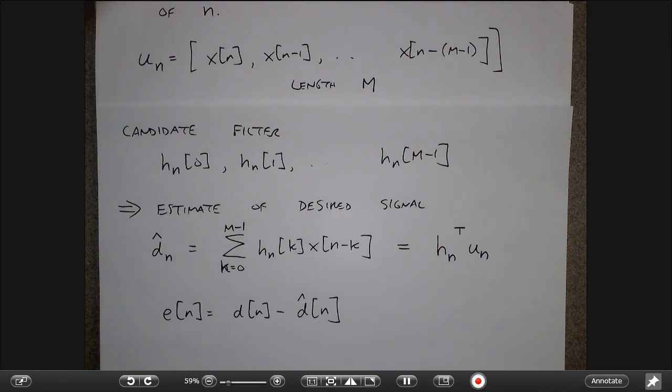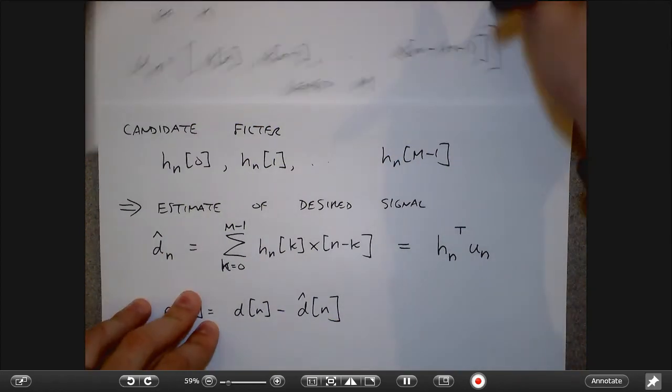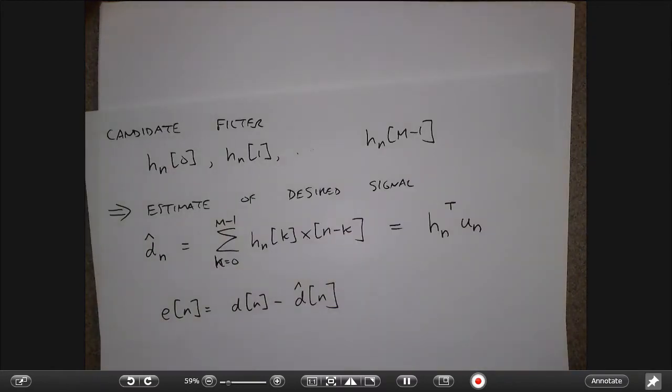Okay? And so the idea is that, in theory, as more data becomes available, I get better estimates of the autocorrelation matrix, and my h converges to the best possible h. Okay? So let me just write that down.